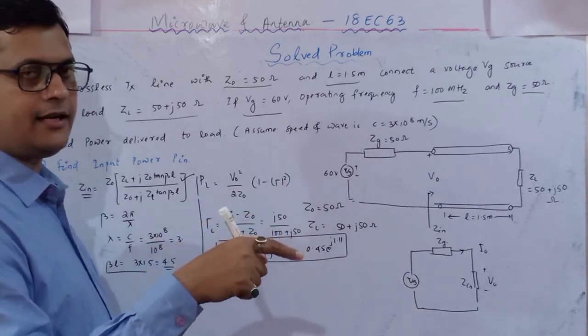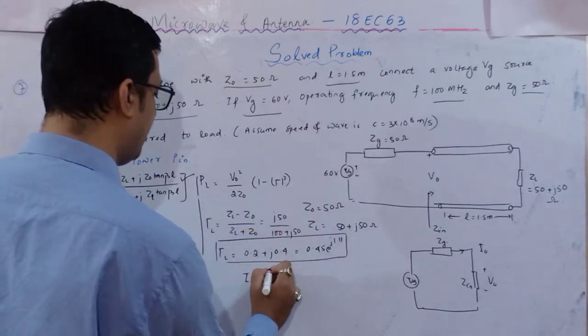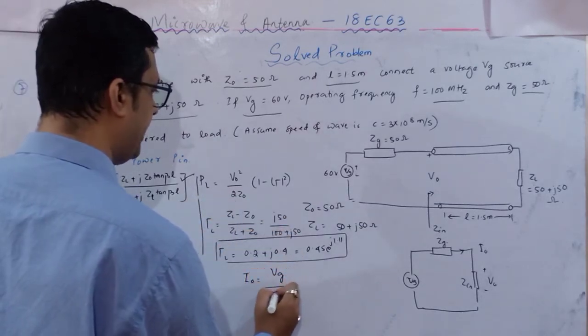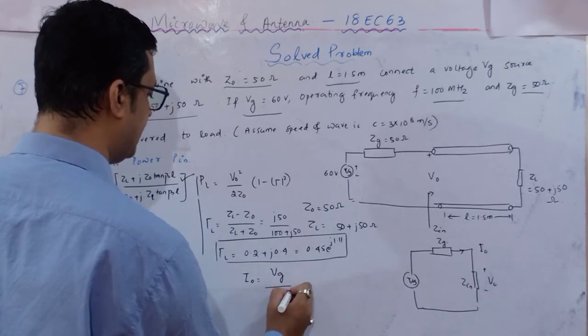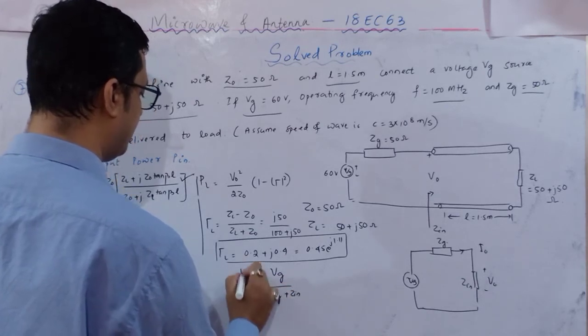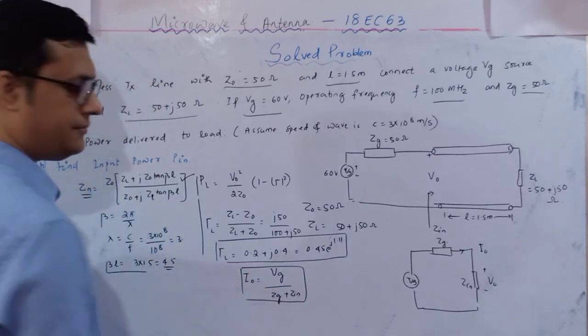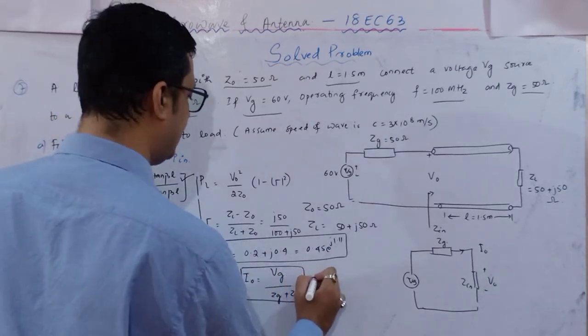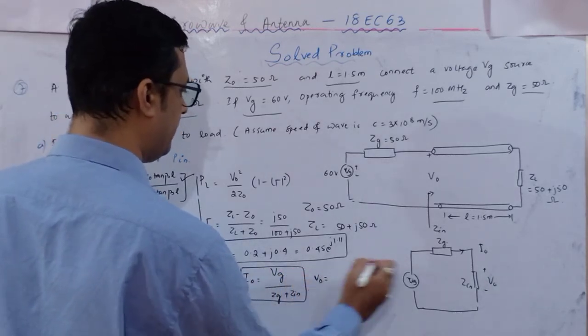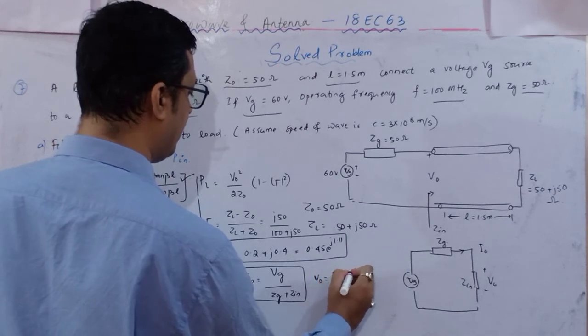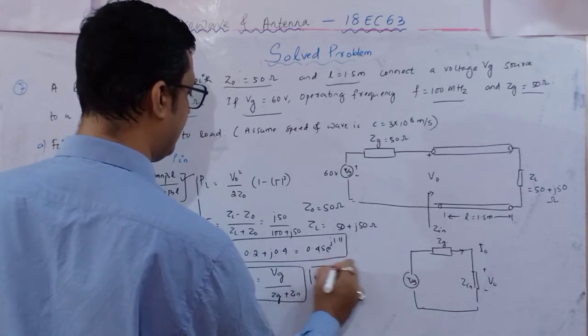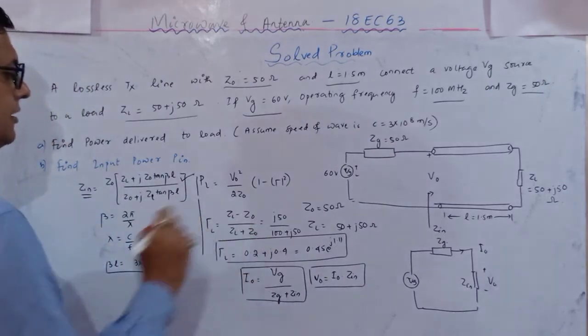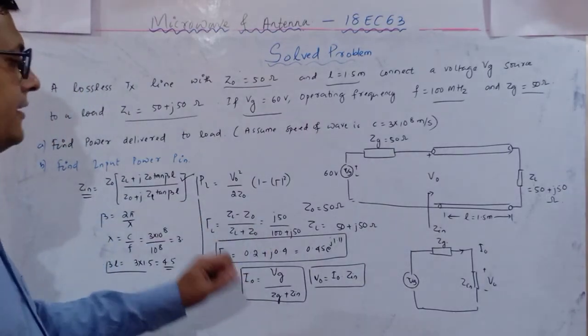The sending current means input current. I naught is equal to Vg divided by (Zg plus Zin). So I naught is known. Next, what is V naught? V naught is nothing but I naught into Zin. So V naught is known, I naught is known.